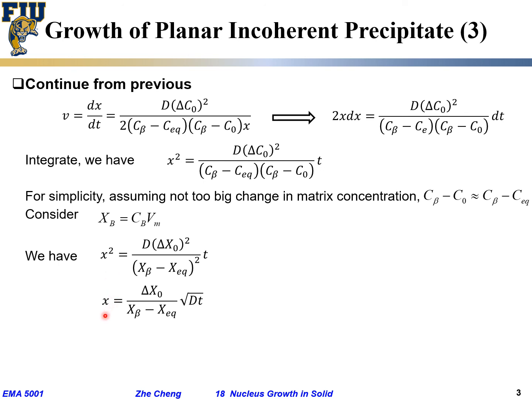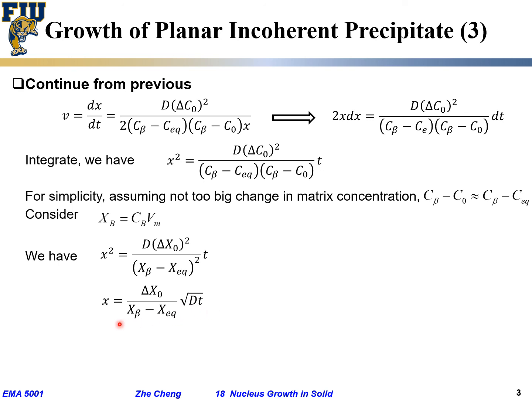Okay, for this one. And then if we take the square root, on the left side we get x, and the right side would simplify to this one. Delta X squared becomes delta X, the bracket squared becomes X beta minus XEQ, and the dt term becomes the square root of Dt.